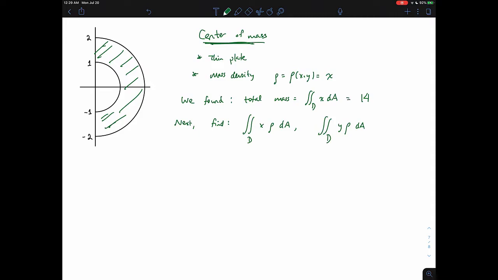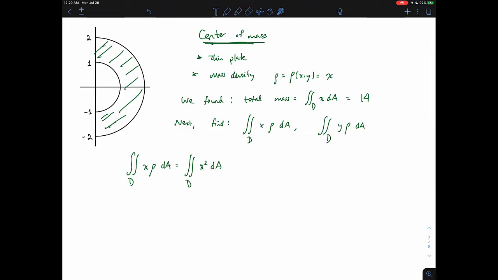So let's start with the first one. X times the density. Well, in our example, the mass density is also x, so this is the integral of x squared dA. Now, we can work this integral out in a couple of different ways.